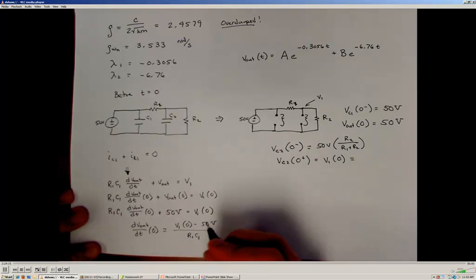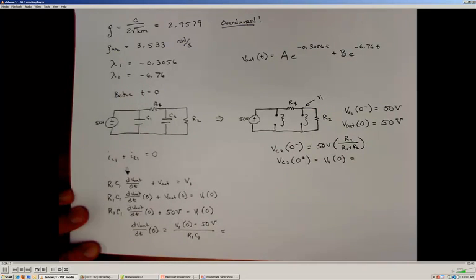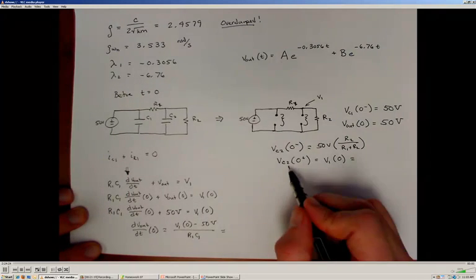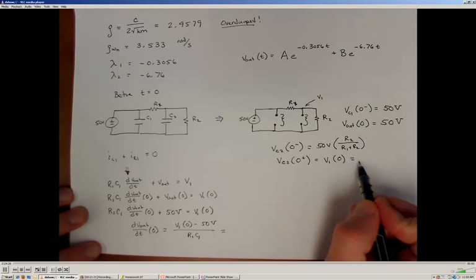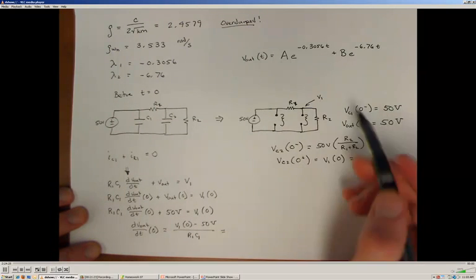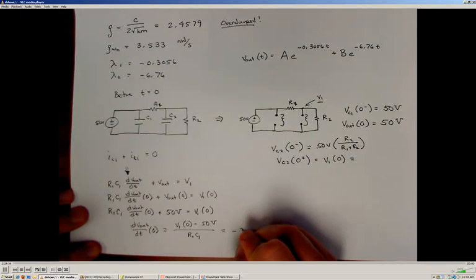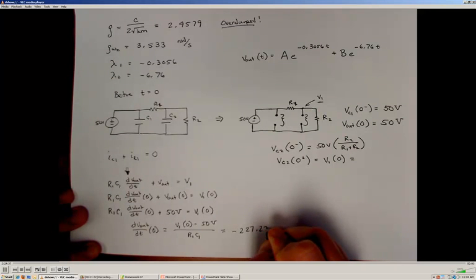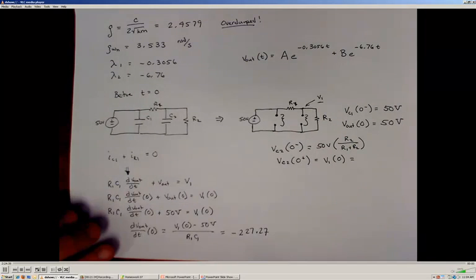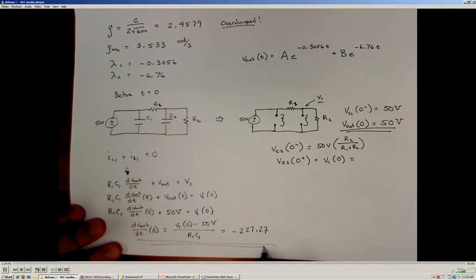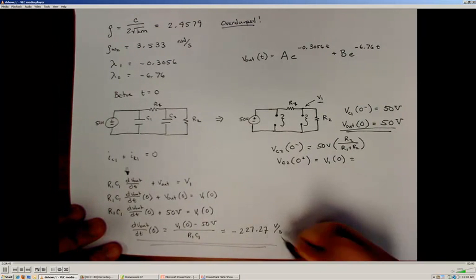And this is something that I have evaluated, and when you plug in your R and C values and the value that you get for the output voltage at V1 right after that switch opens, I get a value of negative 227.27. Okay, so now I know my initial condition as well as my derivative initial condition, and this should be in units of volts per second.